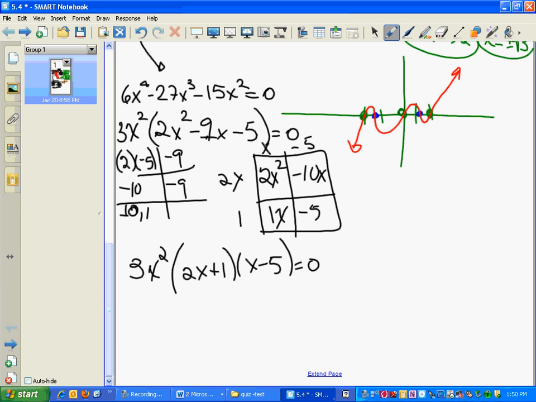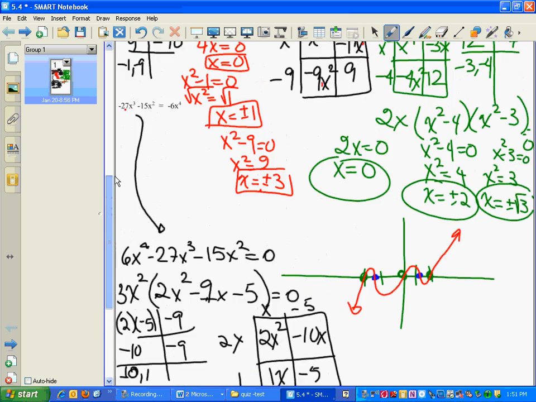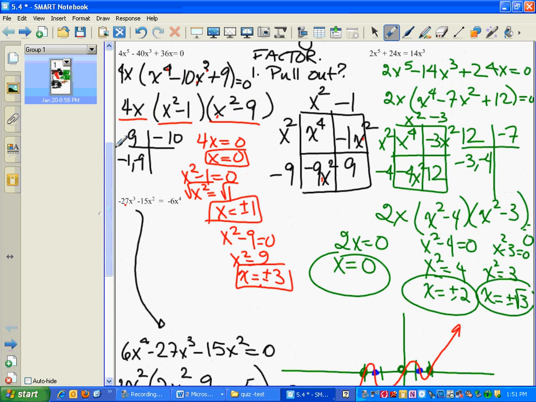No. You multiply first and last, and it has to add to the middle. See, look. Here, we wanted to multiply to get -12 and add to get -7. This just happened to be a 1.